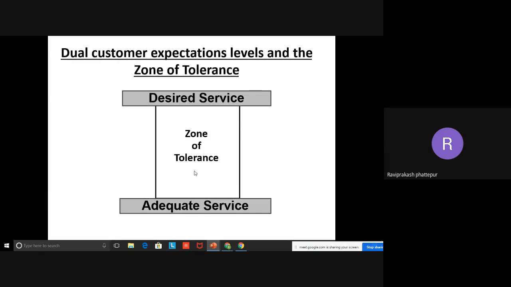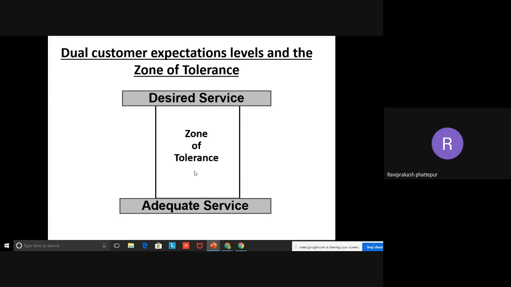You might consider the zone of tolerance as the range or the window in which customers do not particularly notice service performance. That means they may not even recognize the small variations that were given by the different employees or different services. So that means you fall under the zone of tolerance.